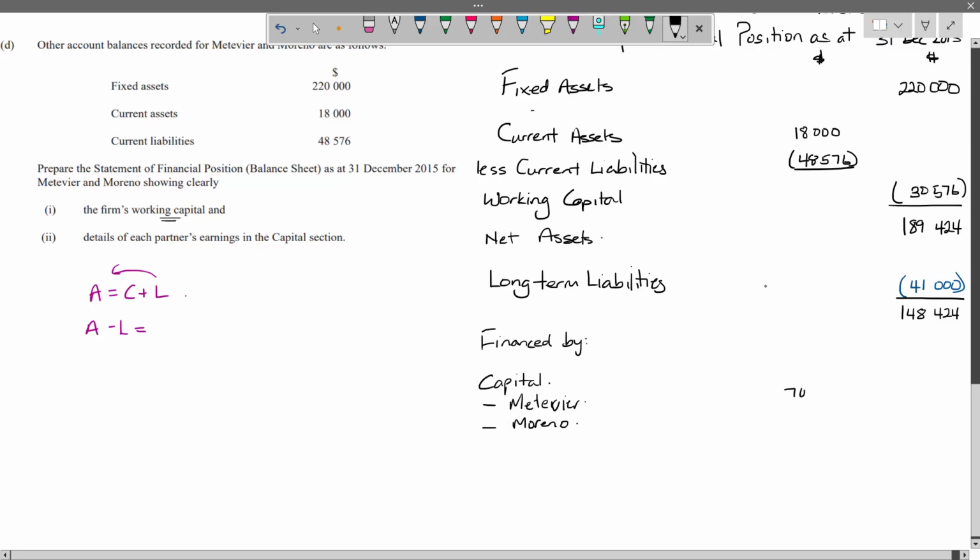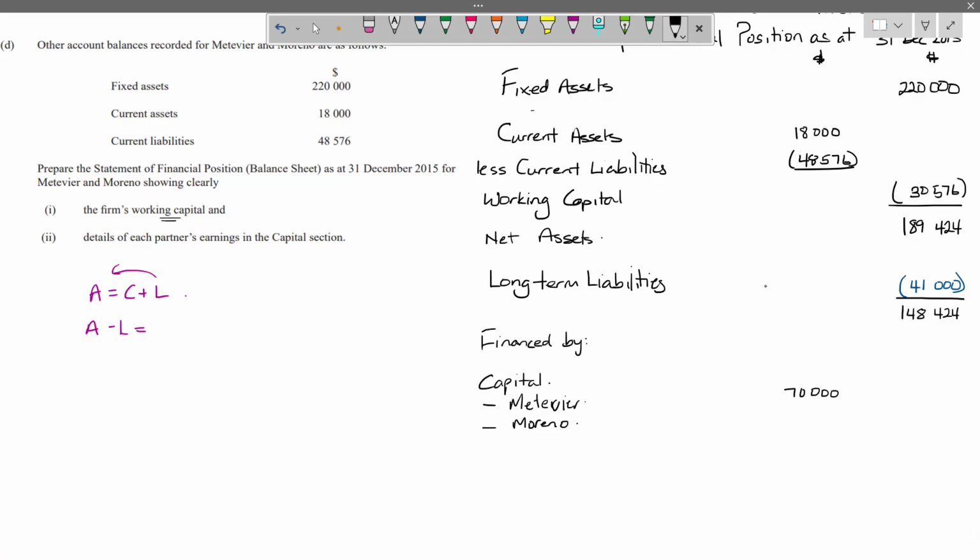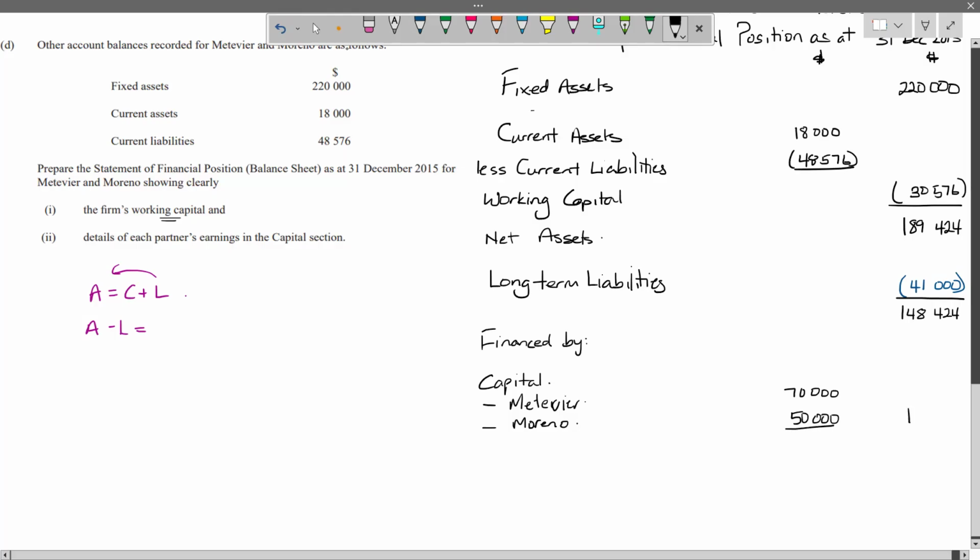Mentive we know is 70,000 and Moreno is 50,000. So that's a total of 120,000.